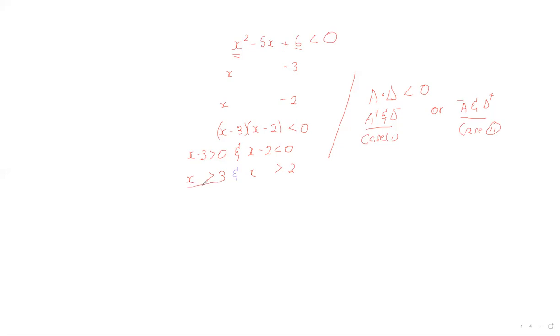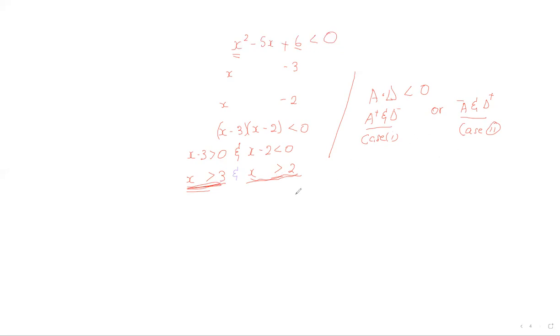Anything that is more than 3 is, of course, more than 2. Because if you take 2.5, 2.5 is greater than 2, but 2.5 is not more than 3. Therefore, any number like 3.1 is greater than 2. So we take this one here.